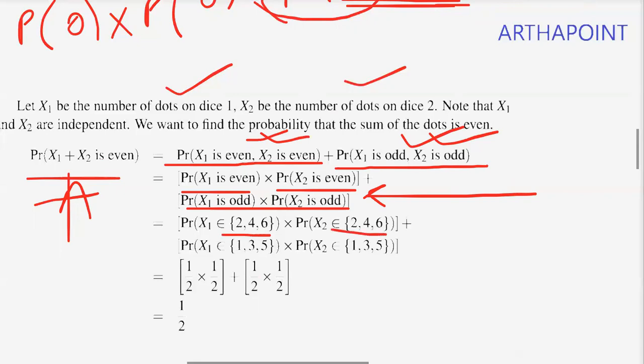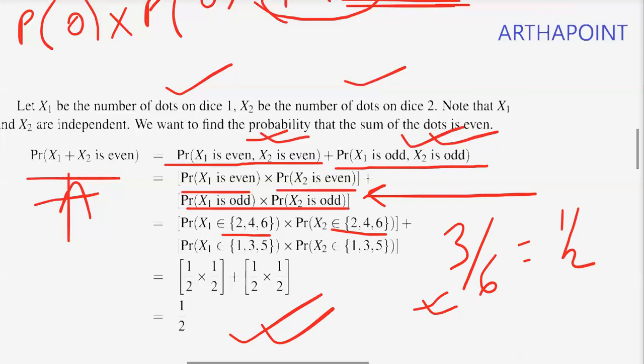So the probability is 3 by 6, which is half. Similarly, 1, 3, 5, the probability is 3 by 6, which is half. So it's half into half plus half into half. The final answer is half. So this is a numerical on probability in the ISI 2015 paper.